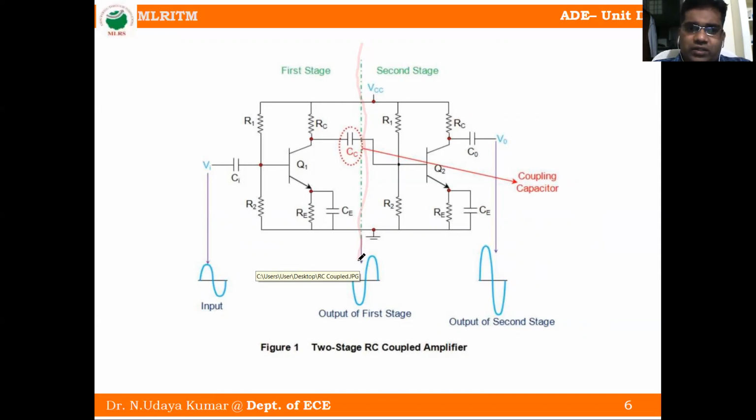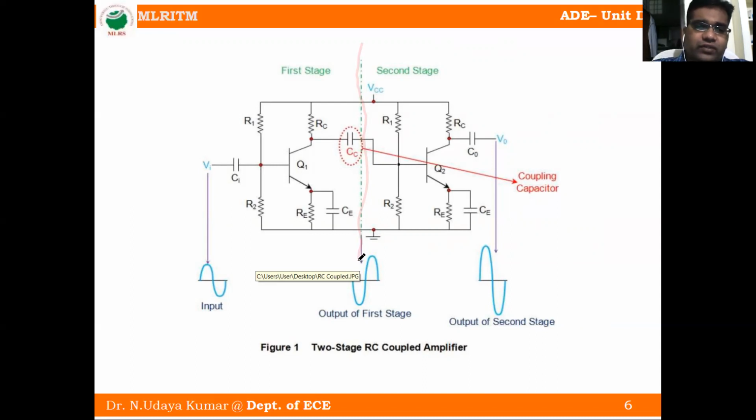R1, R2 provide a biasing voltage to drive the transistor Q1, C1 or CA is the blocking capacitor, CE is the bypass capacitor and RC is the collector resistor. All these capacitors at low frequency act as a high reactance, so no signals are passed at low frequency. That's why gain is very low at low frequencies.